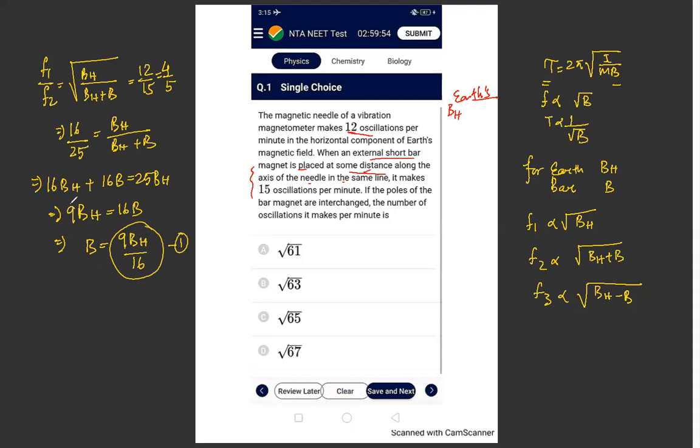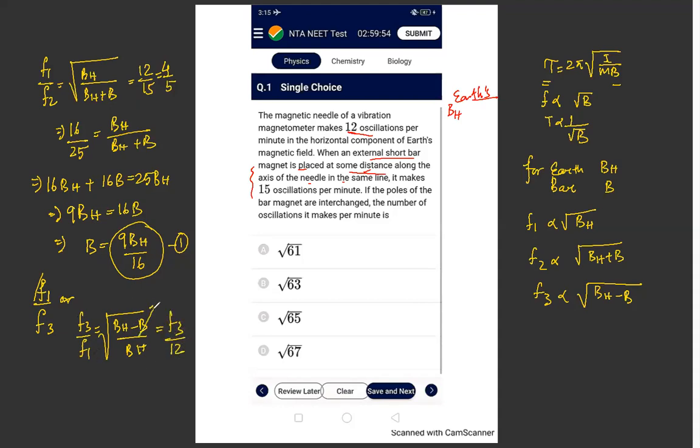Second, we are going to analyze with F1 and F3. I am writing F3 by F1. F1 is already given as 12, so F3 by 12.